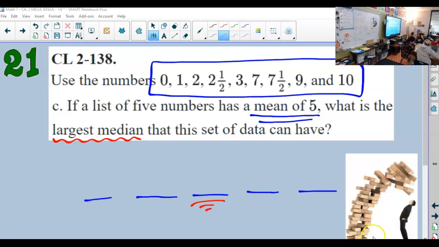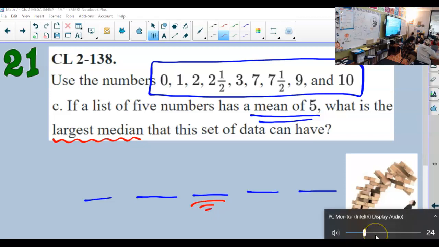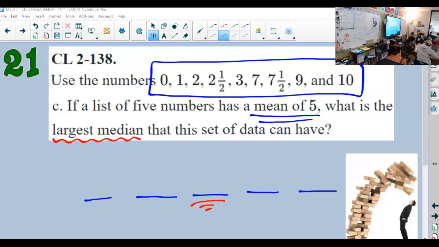So I'm thinking we do 0 plus 1, 2 plus 3 plus 10. So then we get 25. Oh yeah, we use 1, 2, 3, 9, 10.